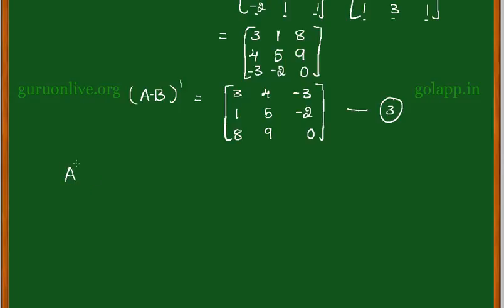So in RHS we have A transpose minus B transpose.